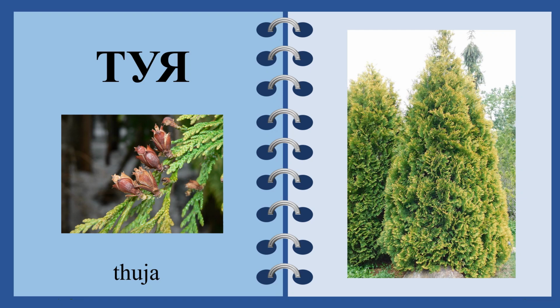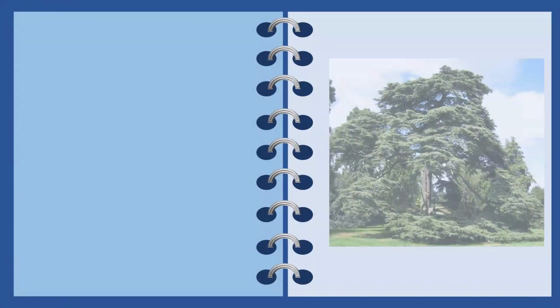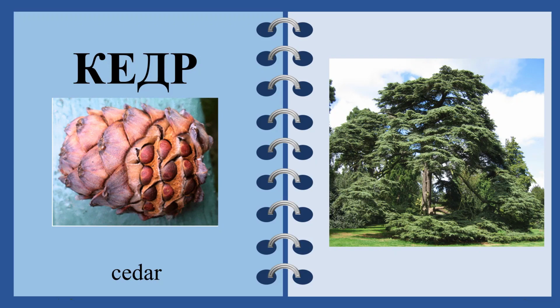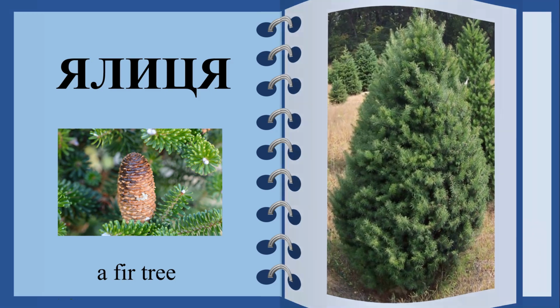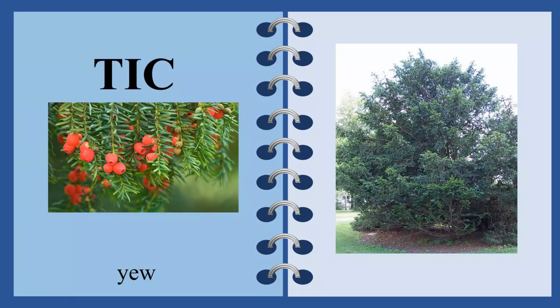In English you say thuja, and in Ukrainian we say туя. Кедр. Ялиця. Тіс.